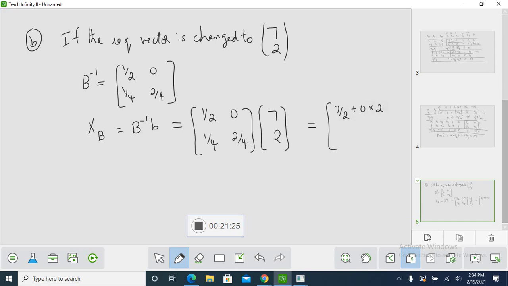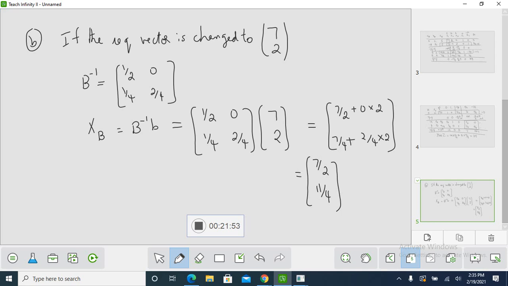Then second row into the column: 7 by 4 plus 2 by 4 into 2. So this will give me the vector. The first term becomes 7 by 2, and 7 by 4 plus 4 by 4 becomes 11 by 4. So you are getting 7 by 2 and 11 by 4.